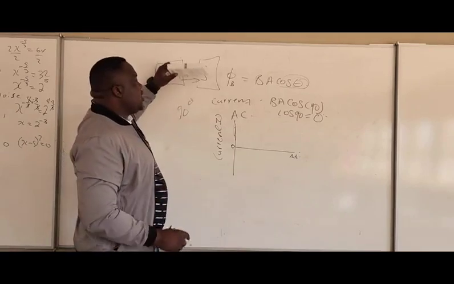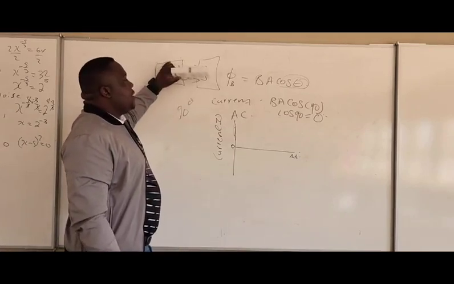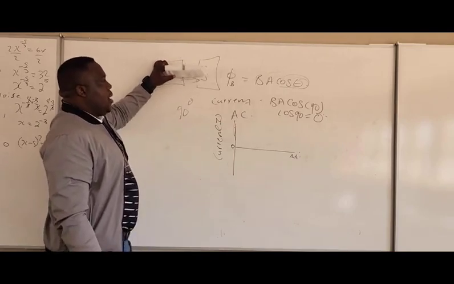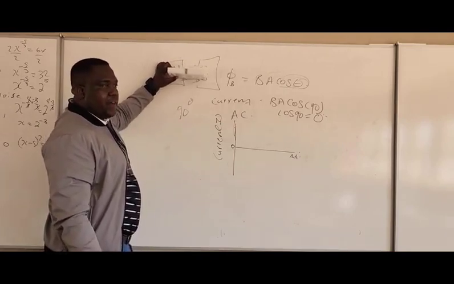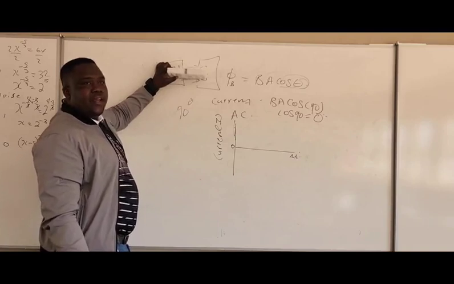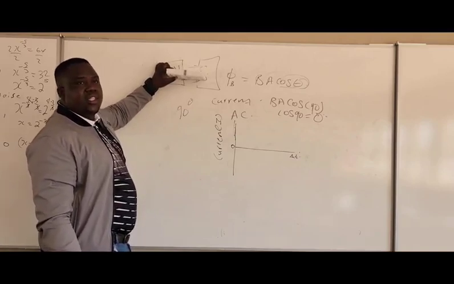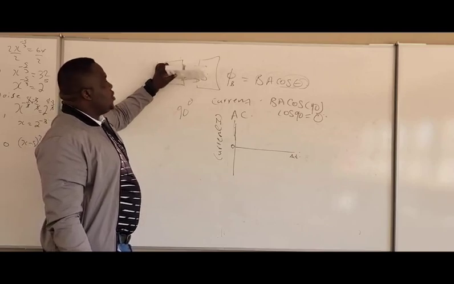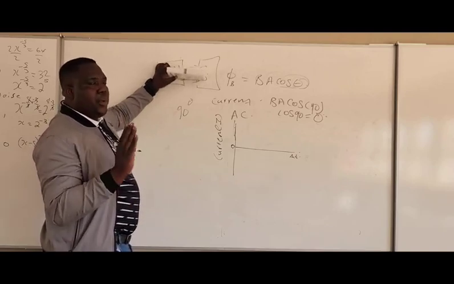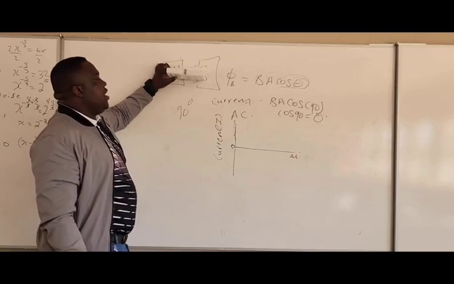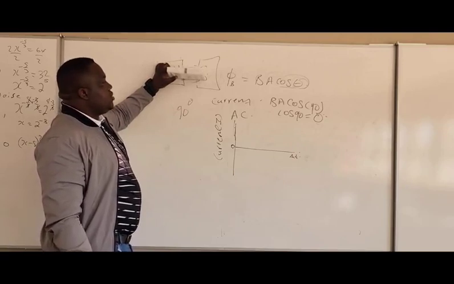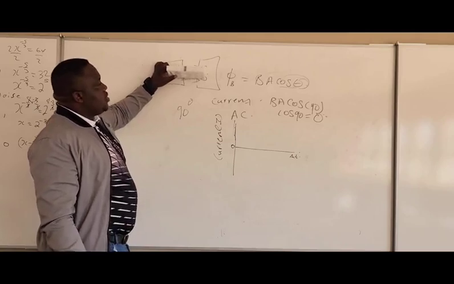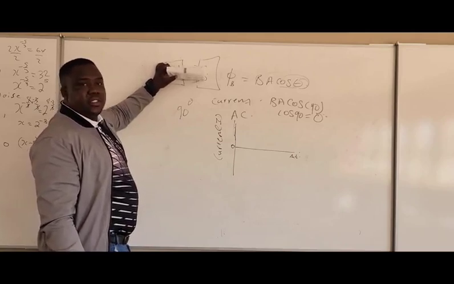At the position where the loop or the coil is parallel to the magnetic field, we're going to have 0 current. There will be no current induced, and no voltage induced. Yes, we're going to have nothing at this point.